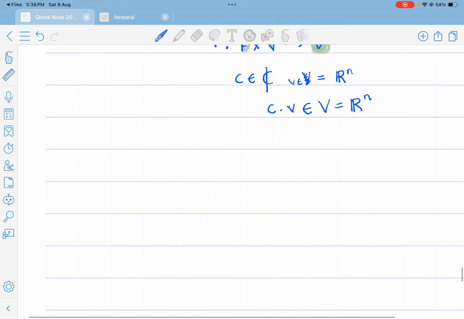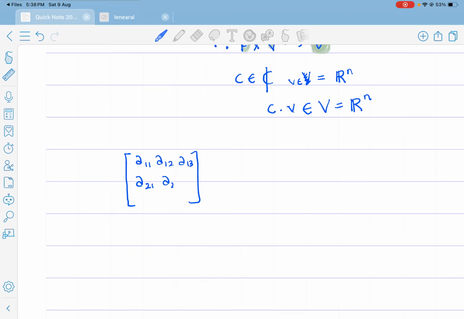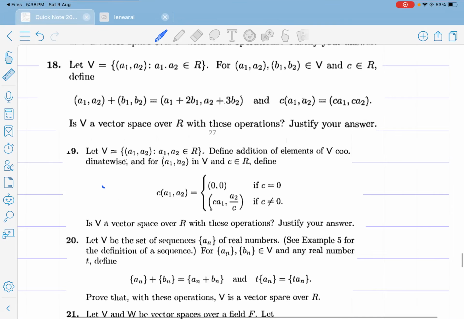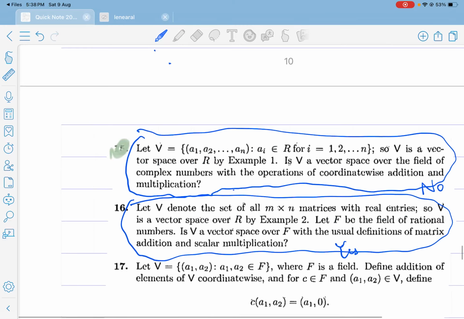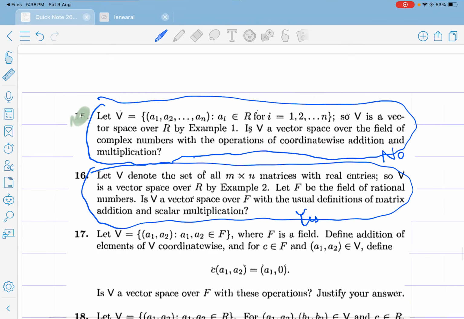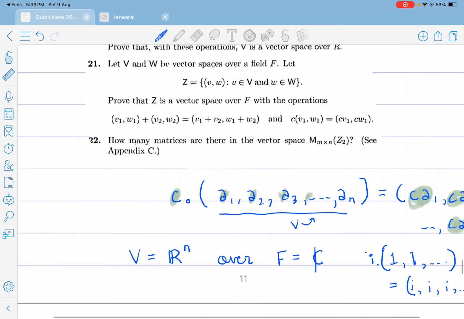Let's take an example, say a 3 cross 3 matrix with real entries.